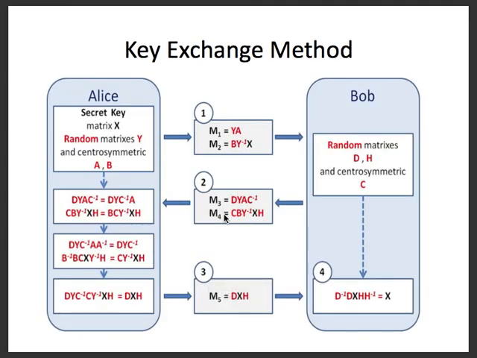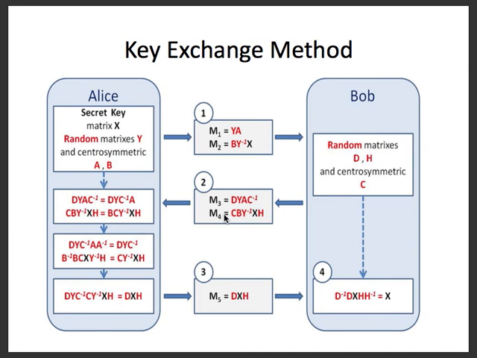So what does Alice do? Alice generates matrix Y, a regular matrix, and two centrosymmetric matrices A and B, and multiplies them with these matrices, mixing with the key. This is white noise, because these random matrices consist of uniformly distributed numbers, and the polynomial is white noise, which is not informative at all.